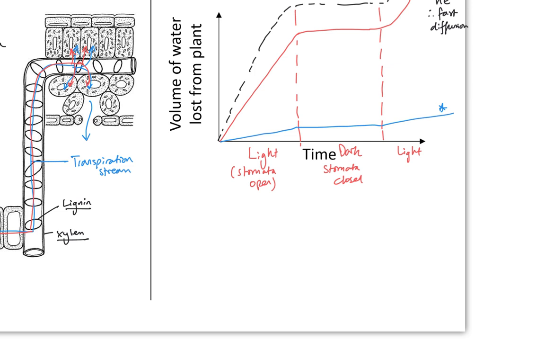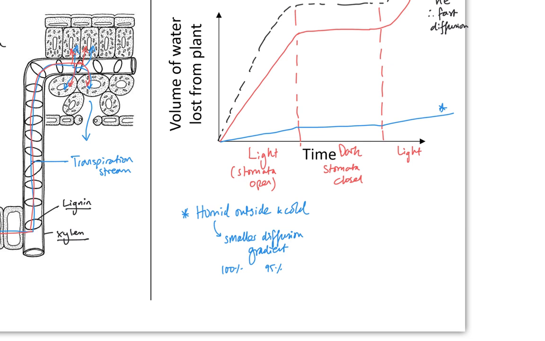Again, this is just showing what different factors can do. So it's humid outside and cold. Humid, so there's a smaller diffusion gradient. As in, if inside the leaf it's 100% humid and outside the leaf it's 95% humid, then there's only a very small gradient.